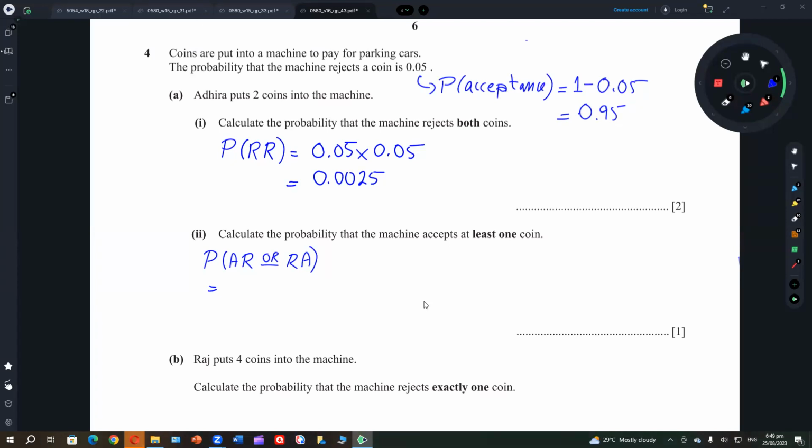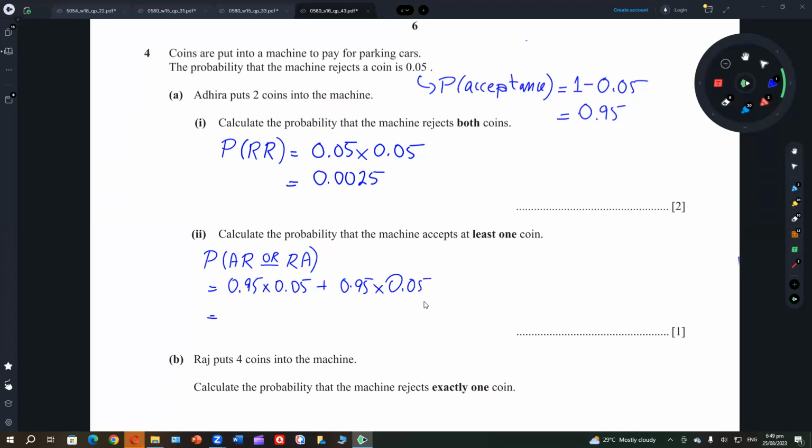It's coming from one, for one coin. When you subtract from 1, when you want to negate it, so acceptance 0.95 into rejection 0.05 plus 0.95 into 0.05.